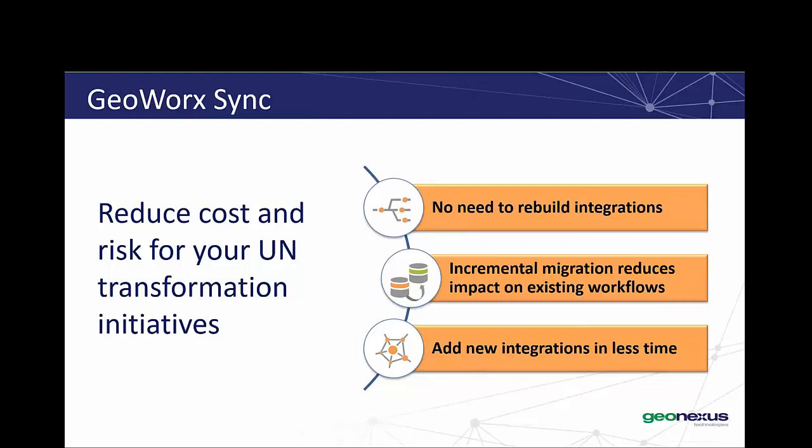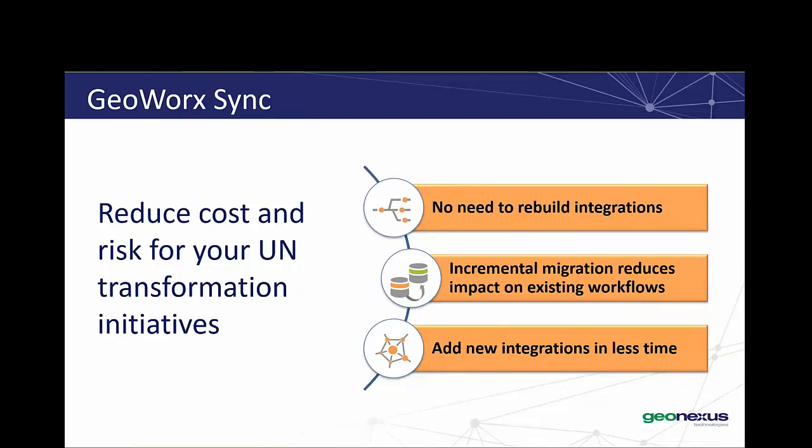The second area is it can help you synchronize your data between your existing geometric network geodatabase and your target utility network geodatabase. This is kind of a real neat area because it allows you to migrate at your own pace.